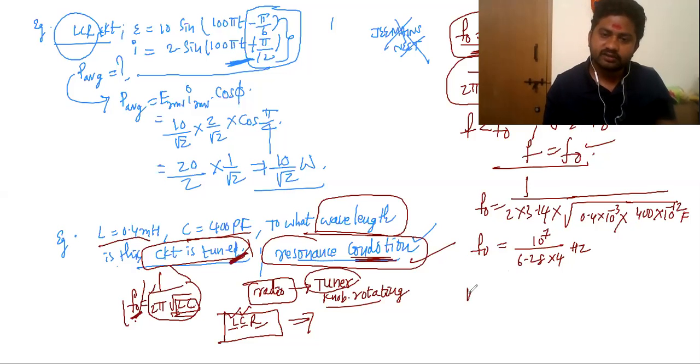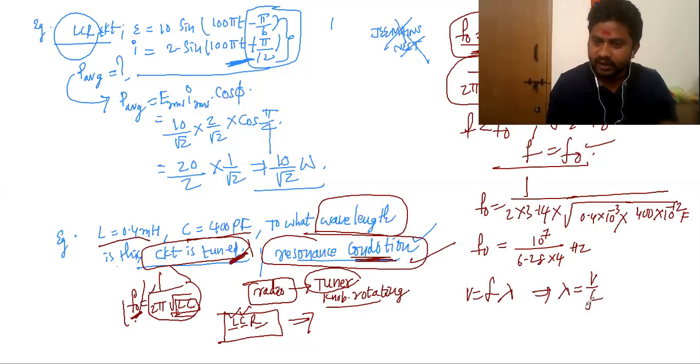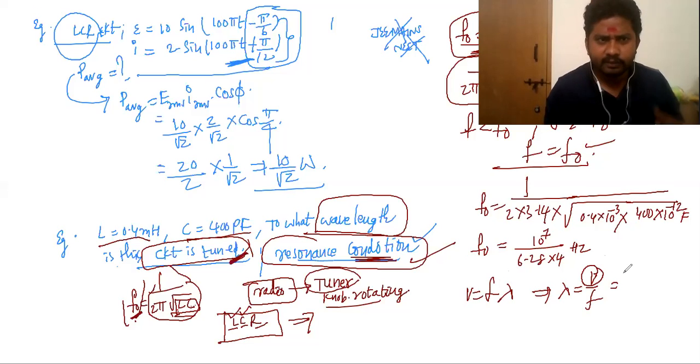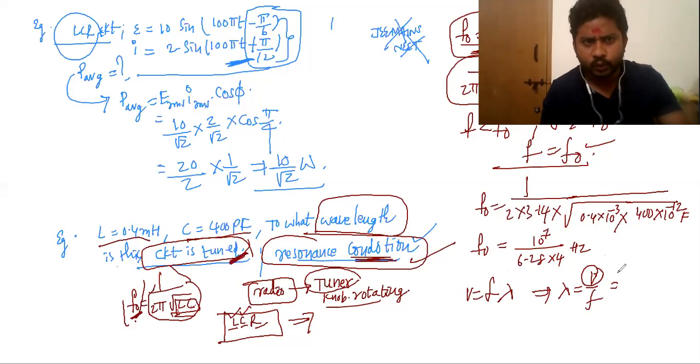So the question is finding the wavelength. We have V is equal to F lambda. From here, lambda is equal to V by F. V is the wave, which is an electromagnetic wave. Whatever may be the wave, electromagnetic wave or microwave, a visible ray, any kind, they move with the speed of light only.